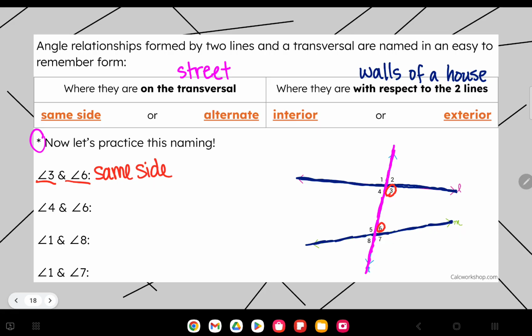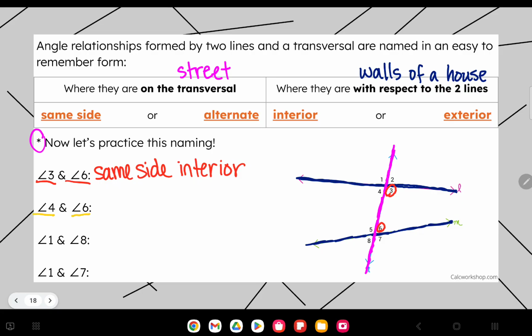Now let's look where they are with the walls of our house. If we look at our dark blue lines, the walls of our house, 3 and 6 are both interior. They're inside, they are between those two walls of the house. So angle 3 and angle 6 are same side interior.